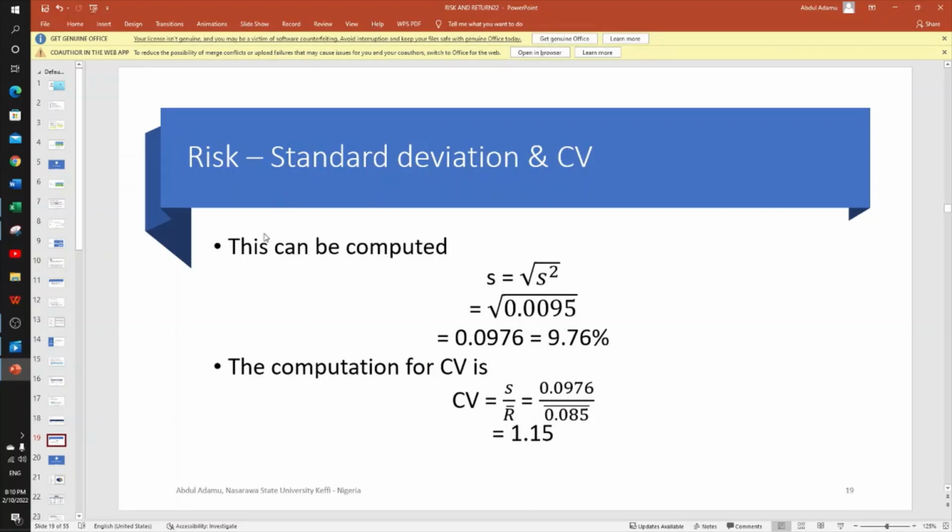So this is how we find our return and risk for a single investment. In the next lecture, we are going to look at portfolio, that is a basket of assets, and how we can find the risk and return of a basket of assets.